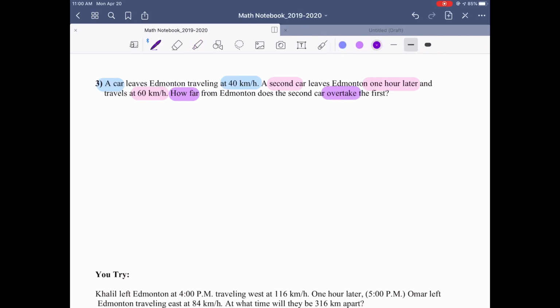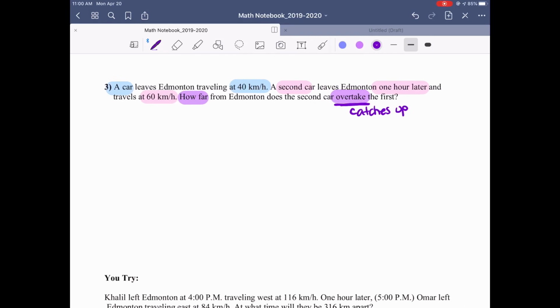So one thing we have to understand is that the word overtake basically just means it catches up to it. So overtake means it's going to pass it, but in order to pass it, first it has to actually catch up. So think of it as catching up. And if it's going to catch up to it, that means that their distances are going to be equal to each other.